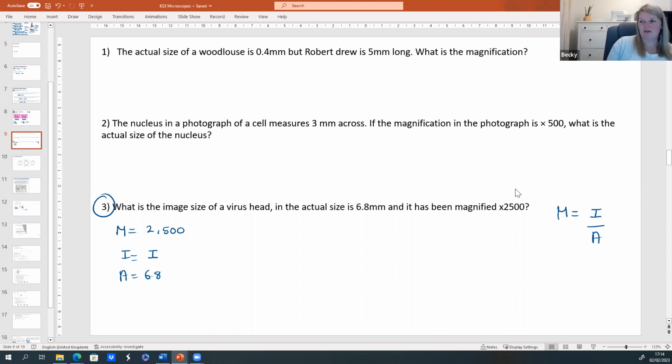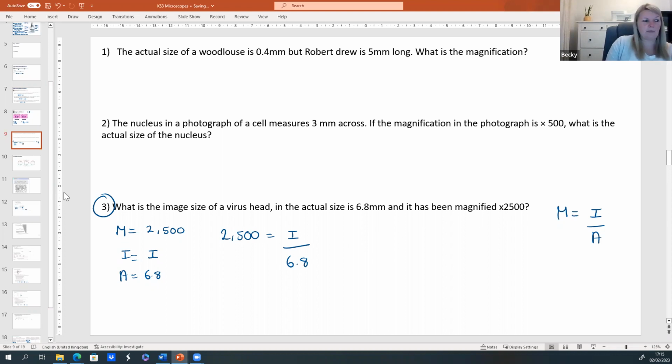So if I put my numbers into my equation, this is the way that I always do maths. So if you continue to come to my sessions and you continue to work with me, this is how I will always set out the maths, as easy as it may seem, because then if you get into that good practice, when you get to more complicated maths skills, it will help you out. Okay, so I pick out the bits of information I know, substitute them into my equation. So if I follow my equation, it tells me that magnification equals image, which I don't know, divided by actual, which is 6.8.